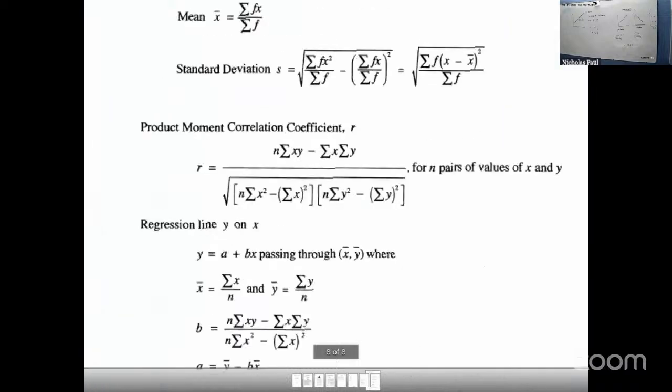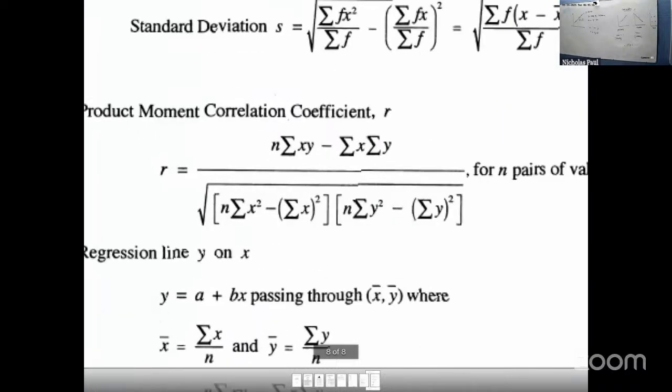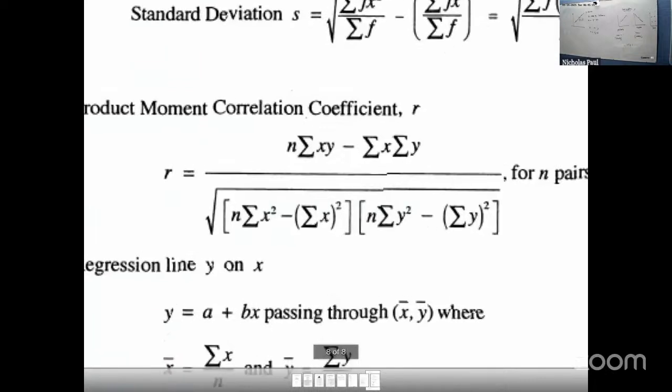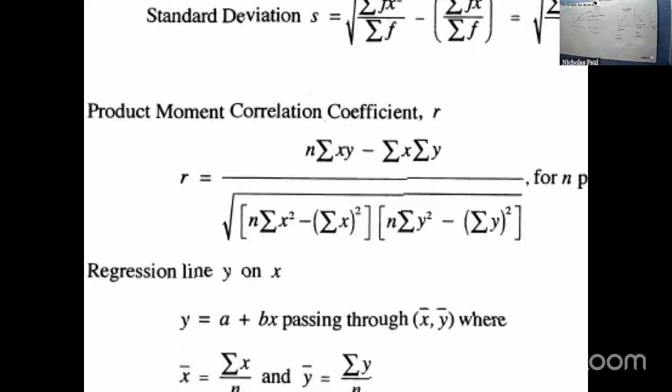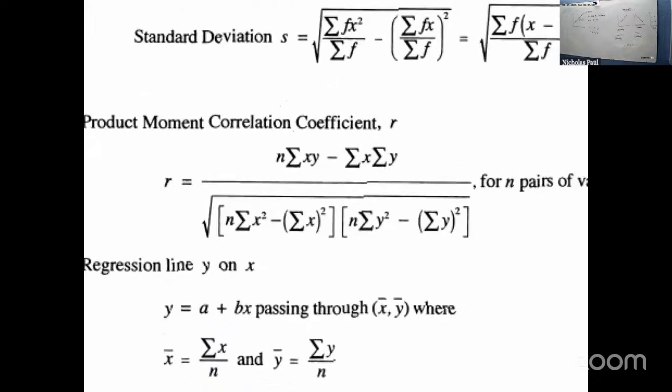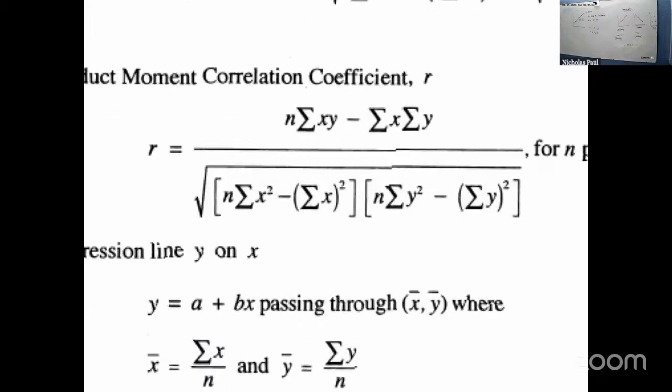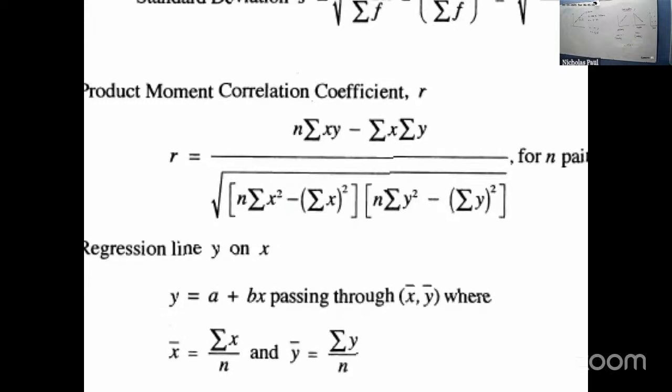This is the next formula that you can use for correlation. It's also called the product moment correlation coefficient, that R value there. Write that formula down. That's the one that you will see in your formula sheet in exams.